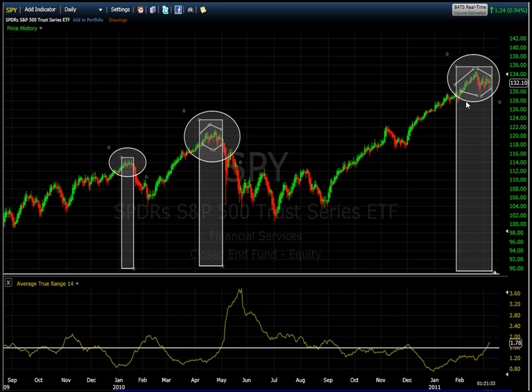And if we can avoid a correction, I think that's good. It's always difficult to pick a market top, and I don't believe this is anything more than a correction we're looking at because the trend is still from lower left to upper right.